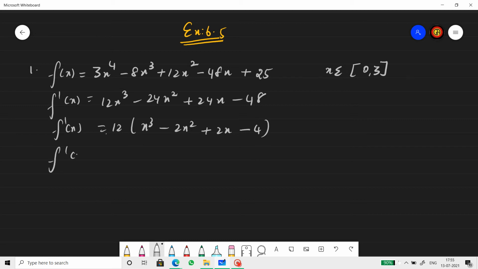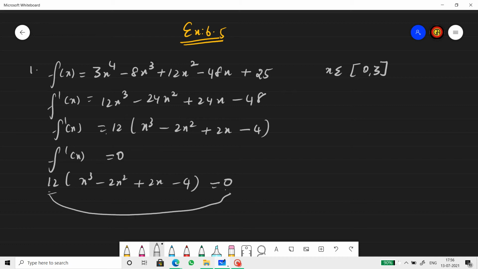Then f dash of x is equated to 0 to find the critical points. So that means 12 times x cube minus 2x square plus 2x minus 4 is equated to 0. 12 will vanish because 0 by 12 is 0. And therefore it's x cube minus 2x square plus 2x minus 4.